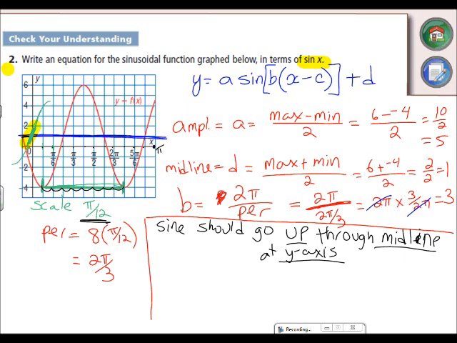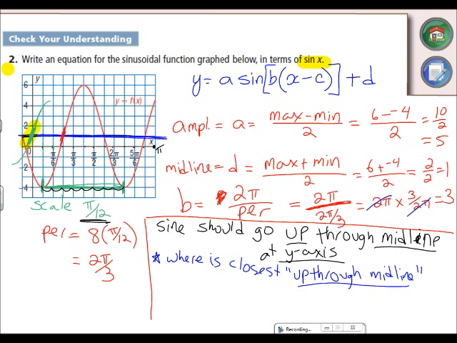But it's not. We're going to ask yourself this question. Where is closest up through midline? Well, the closest going up through the midline is right here.